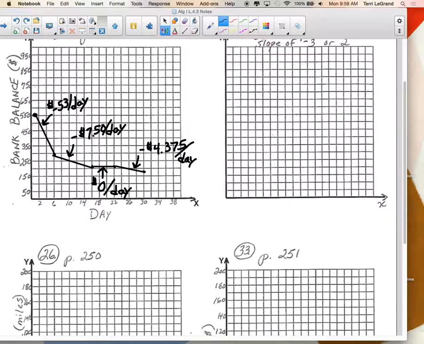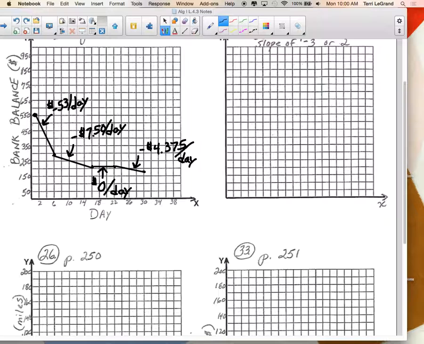So when you have to graph these rates of change, this is what you'll do. Not only will you plot the points given to you that helped you get the rates of change, but then you will connect the points to show the line segments that represent each rate of change and label those.